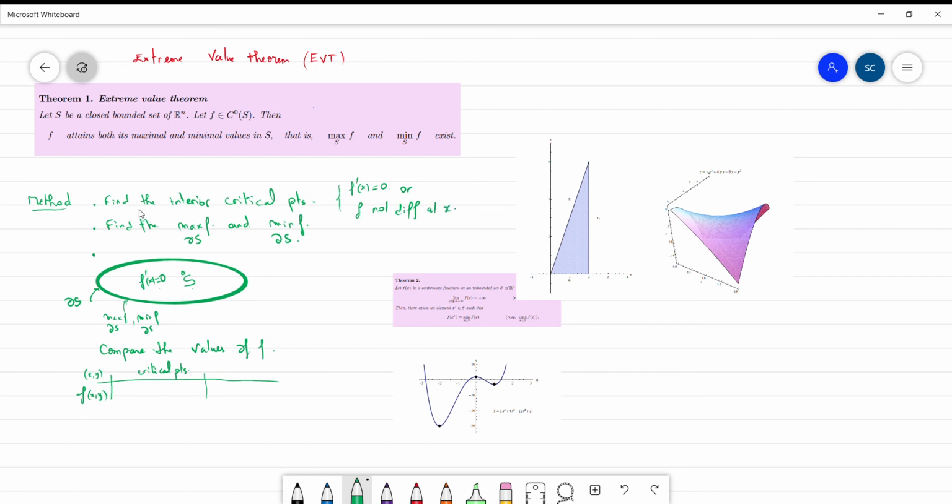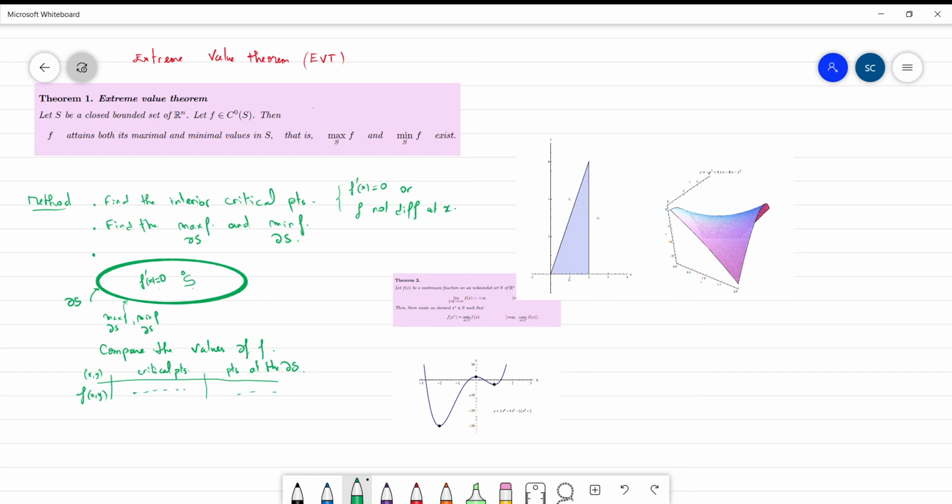So you gather all the points here, you compute the values of f at these points, and you look at the points at the boundary ∂S, and take their values. Then the maximum will be among these maximums and the minimum among these values. So this is a way to look for them.